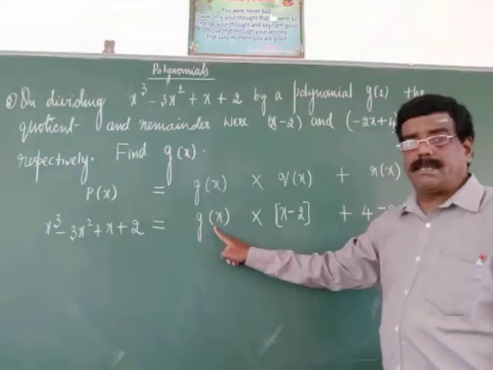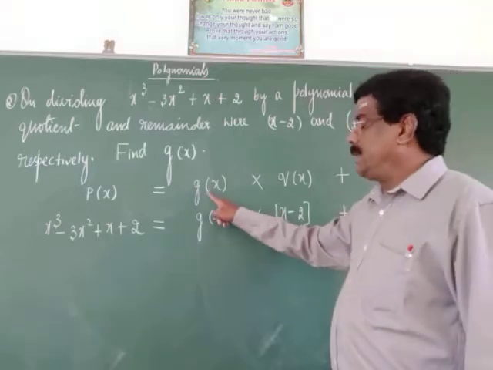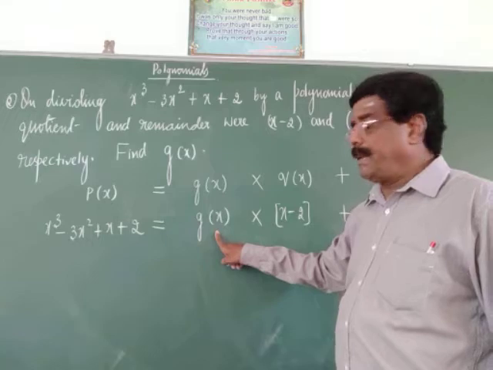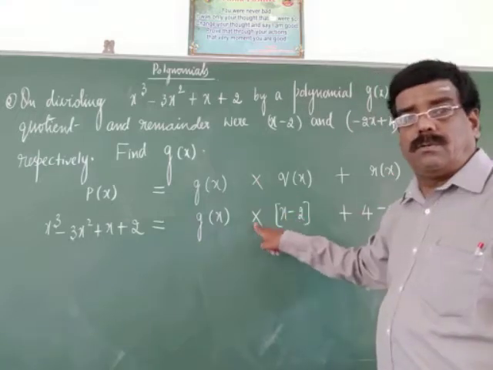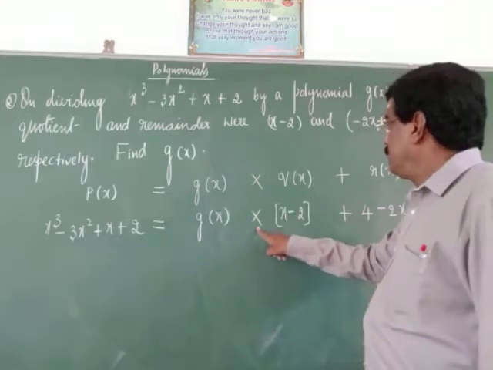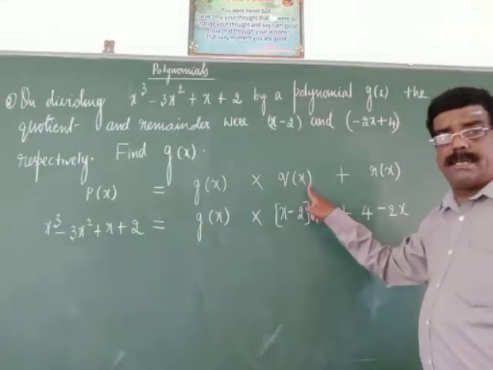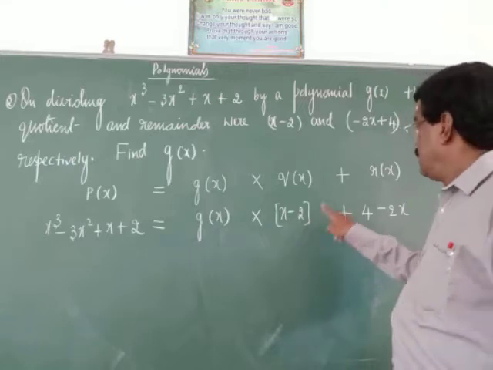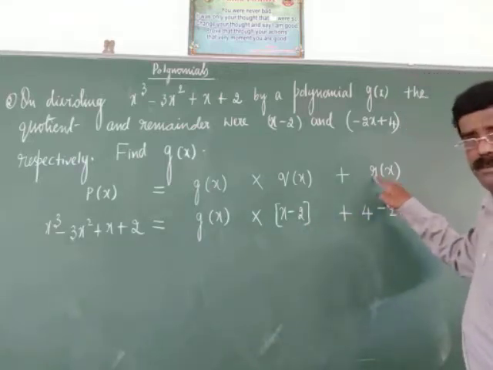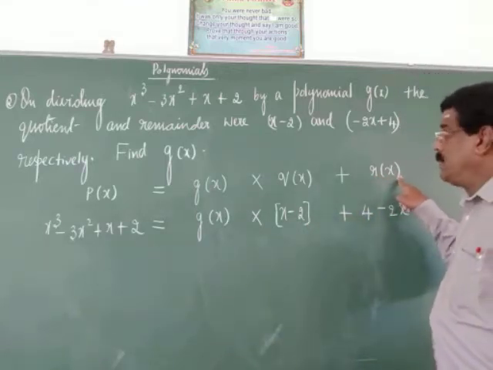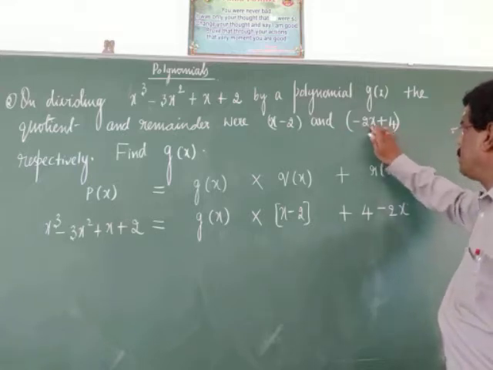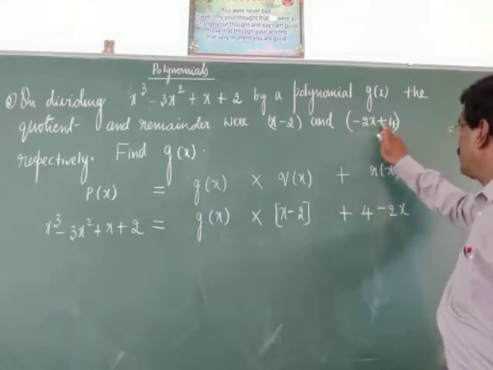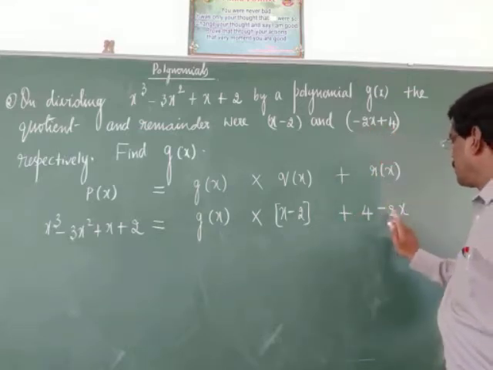Then g(x) below, because g(x) is in the algorithm and this g(x) we have to find out, so keep it as it is. Then into, neatly one below the other. Now the quotient q of x, again in the algorithm; according to this sum, the quotient is x minus 2. Plus r of x, the remainder, again in the algorithm; here the remainder is given as minus 2x plus 4. So just write plus 4 and minus 2x last.